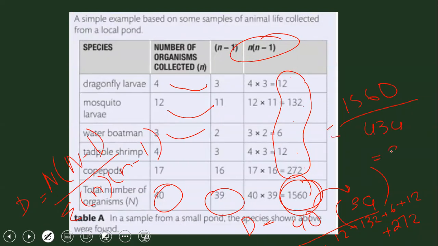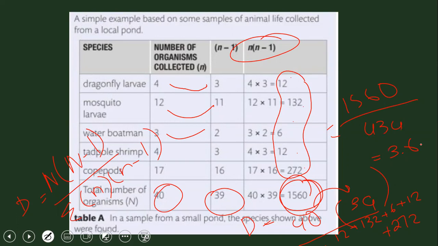If I divide them, my diversity index comes to 3.6. The greater the value you get, the greater the biodiversity of that particular area. So this is how you do the calculations.